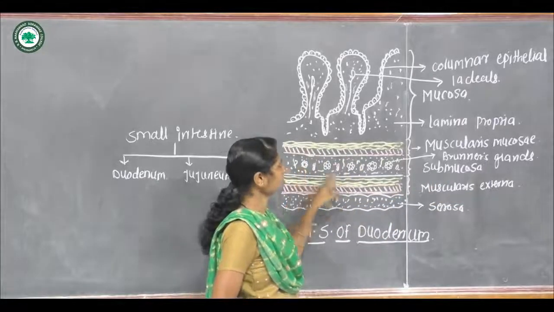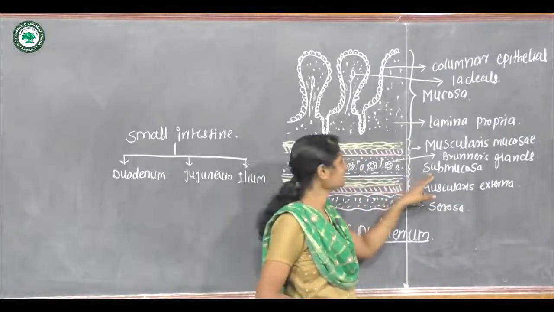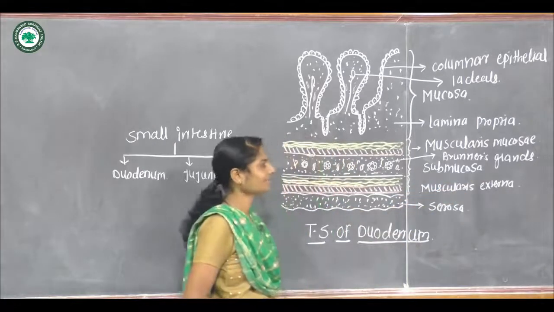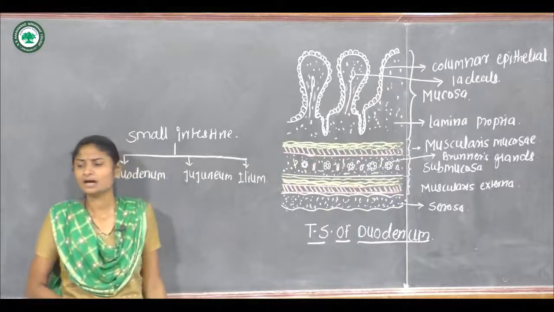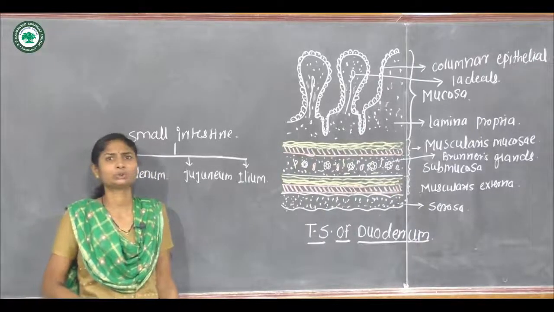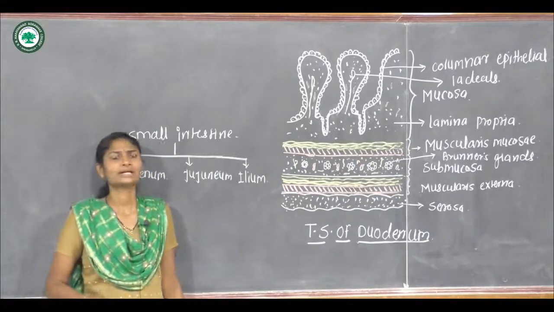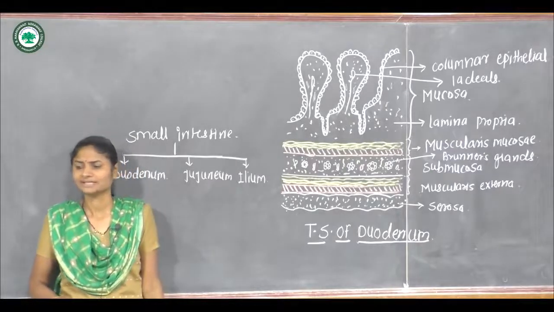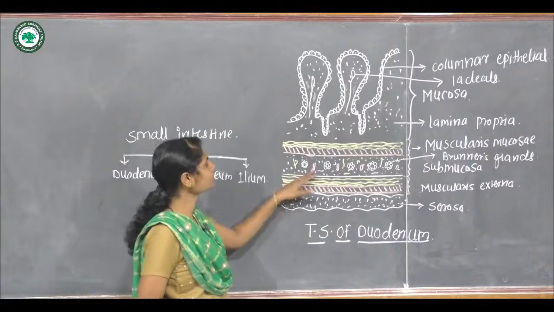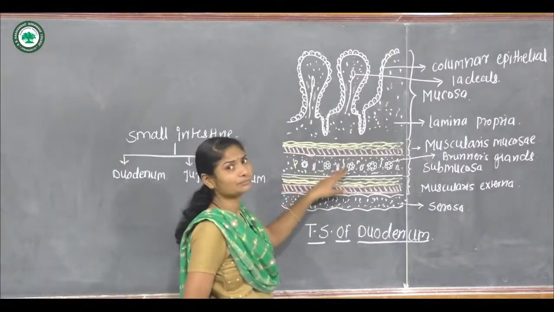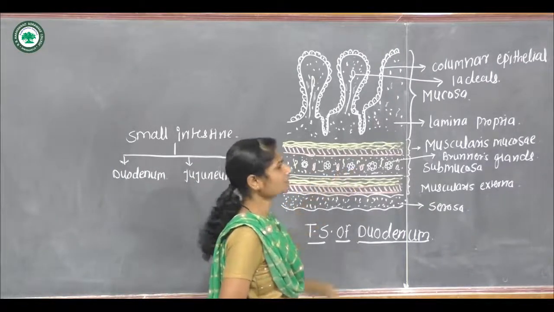Next layer in our list is the submucosa layer. This submucosa layer is mainly composed of connective tissue and connective tissue fibers. It also contains large blood vessels, lymphatic vessels as well as nerve fibers.